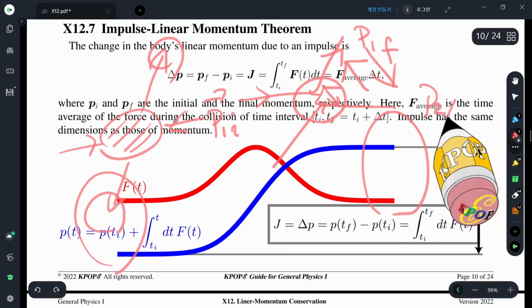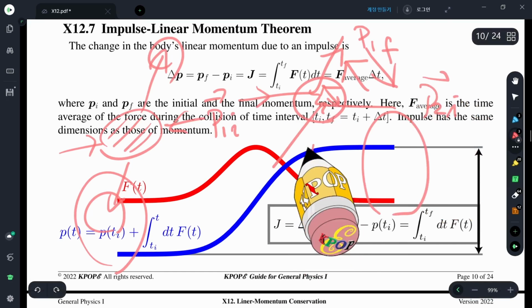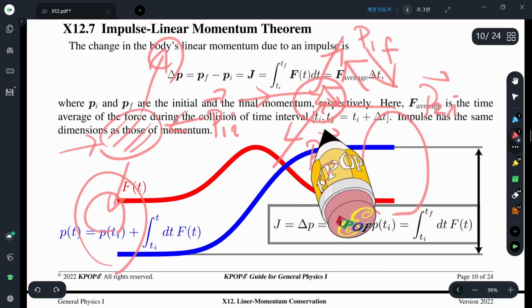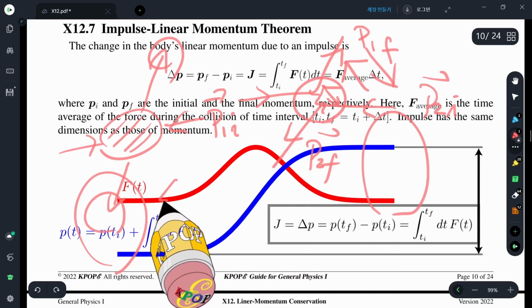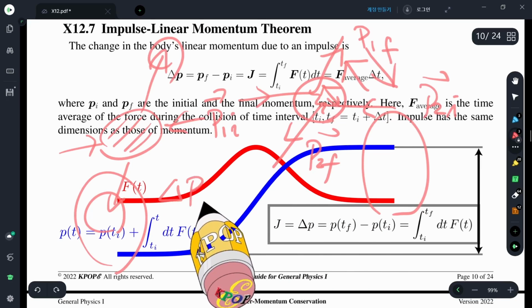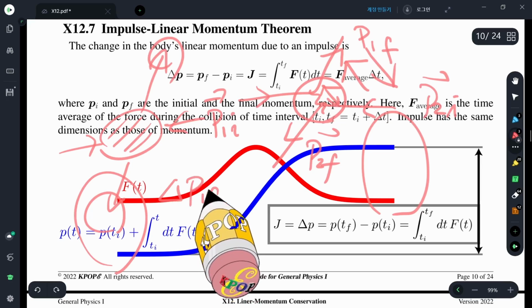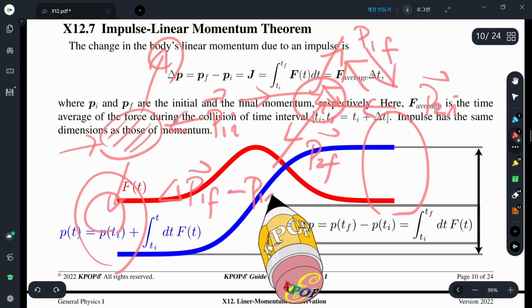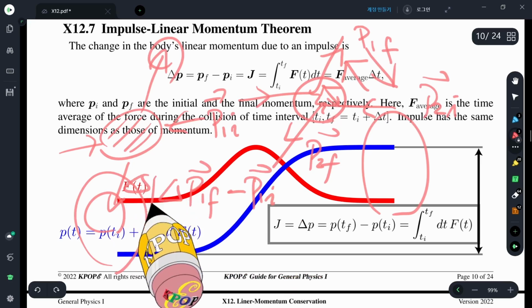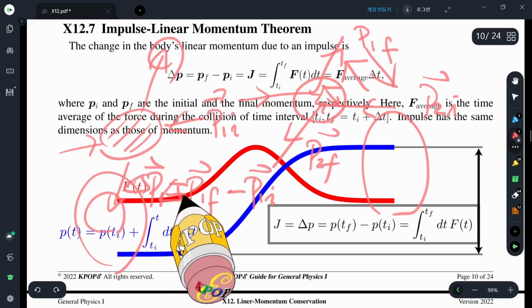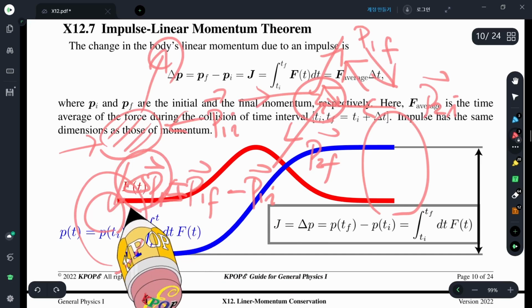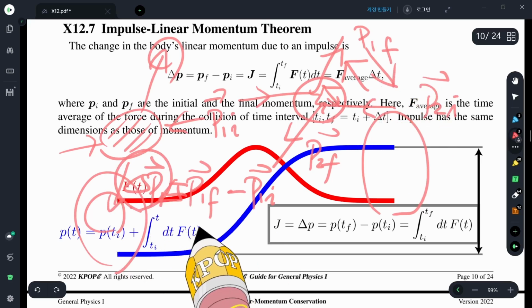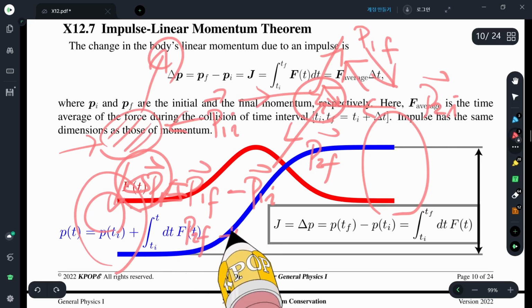The second particle's initial momentum and final momentum are different. The difference between the two, the first particle's final minus initial momentum, is the first particle's momentum change. And the other one is P2F minus P2I.